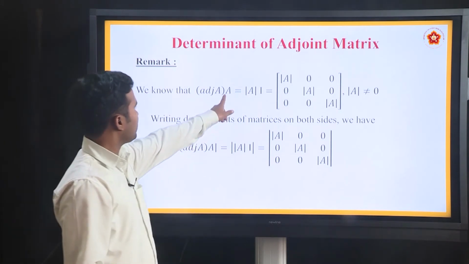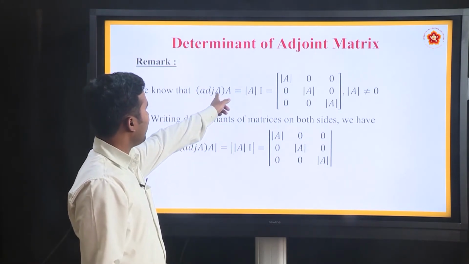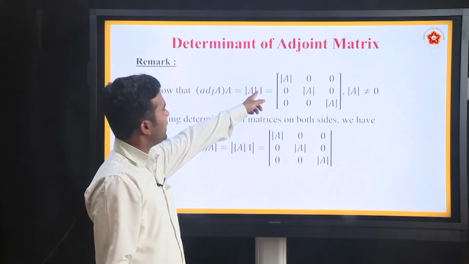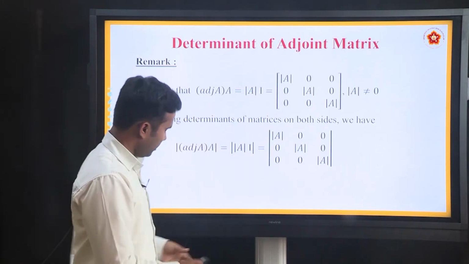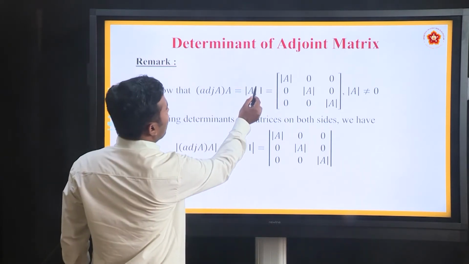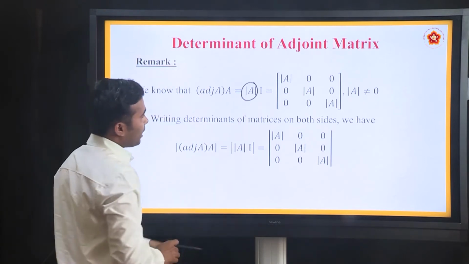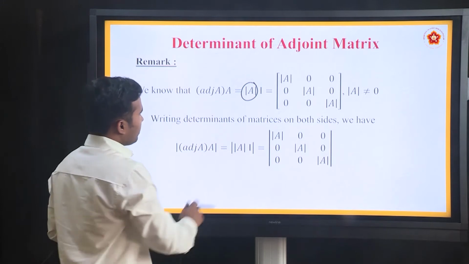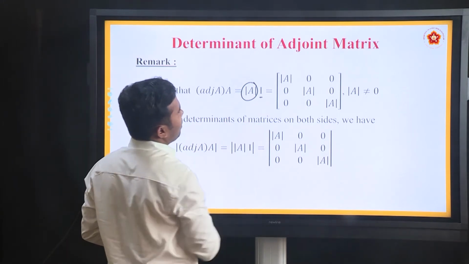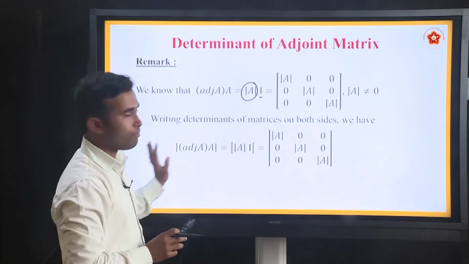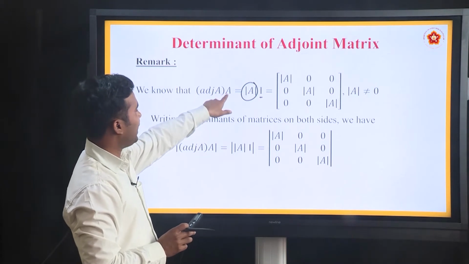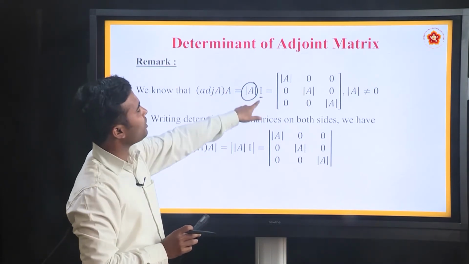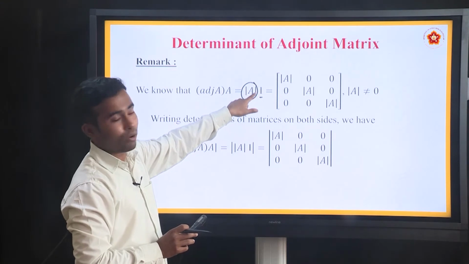Determinant A gives a particular value, it is a scalar, and here I is a matrix of the same order. Whatever order matrix A has, the same order I should also have.